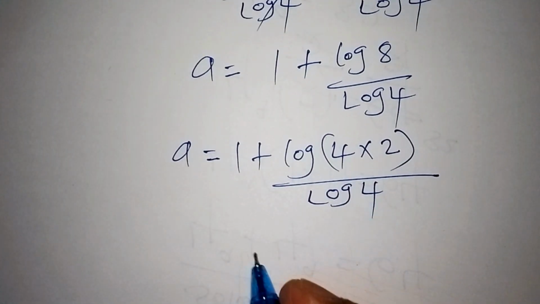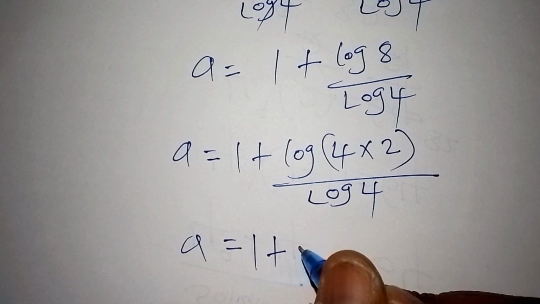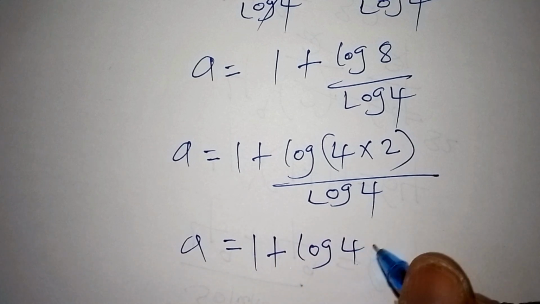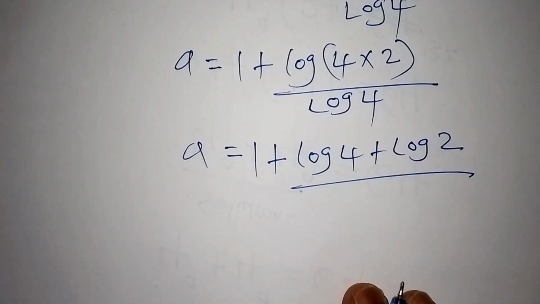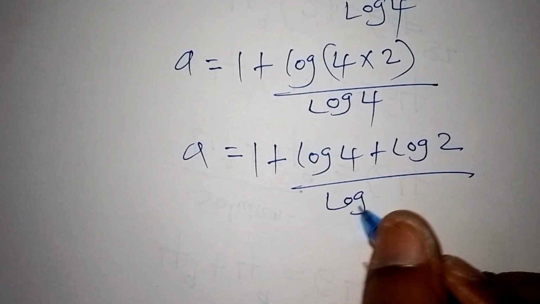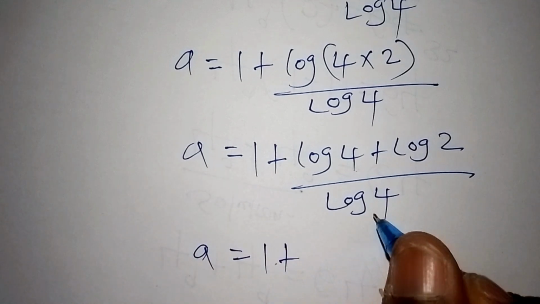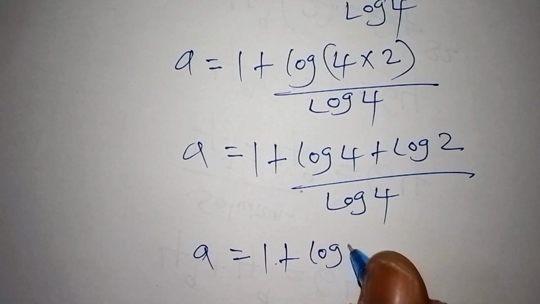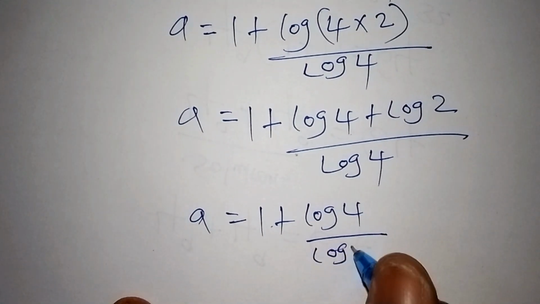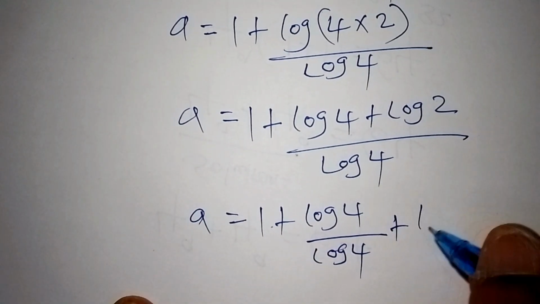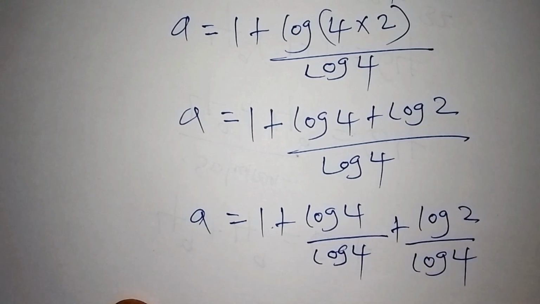So let's do it the way we did it initially, saying that a is equal to 1 plus the log of 4 plus the log of 2 all over the log of 4. Here a is equal to 1 plus, so let's split it. We shall have the log of 4 all over the log of 4, then plus the log of 2 all over the log of 4.